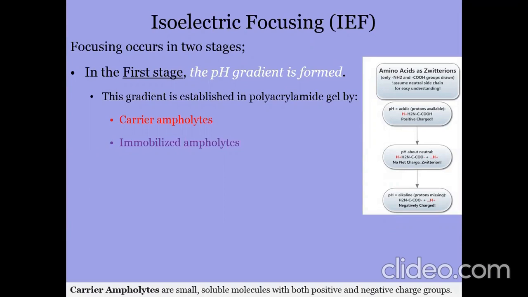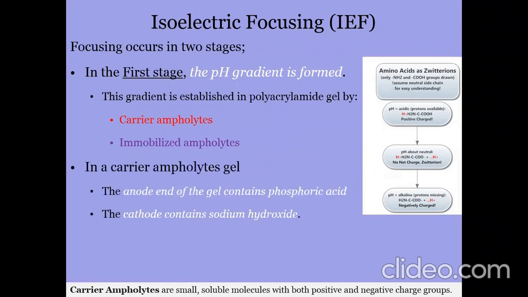Carrier ampholytes are small, soluble molecules with both positive and negative charge groups, like zwitterions. These carriers can move, but contrary to this, immobilized ampholytes are immobilized within the gel.